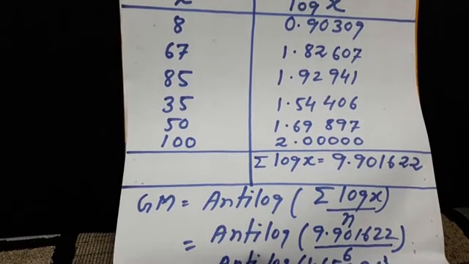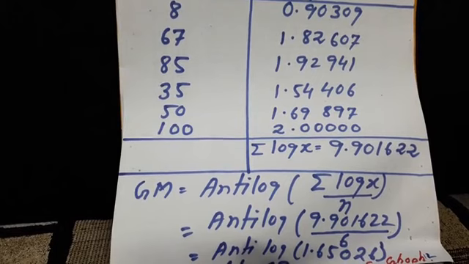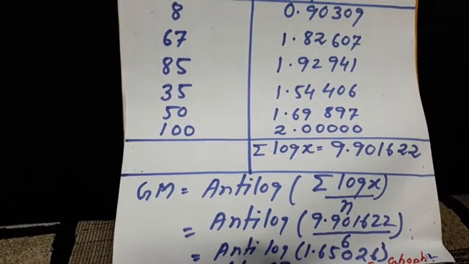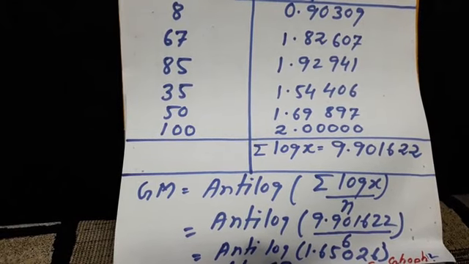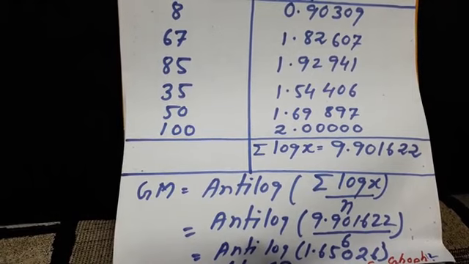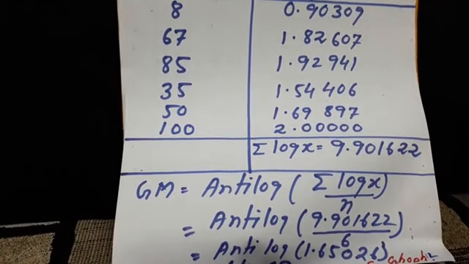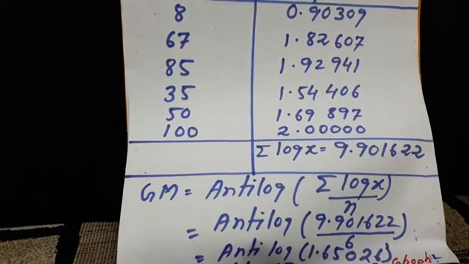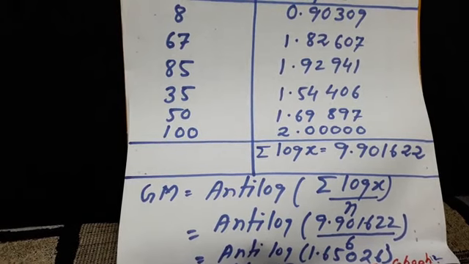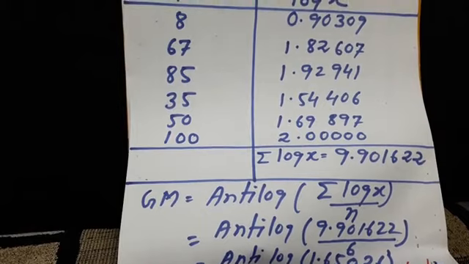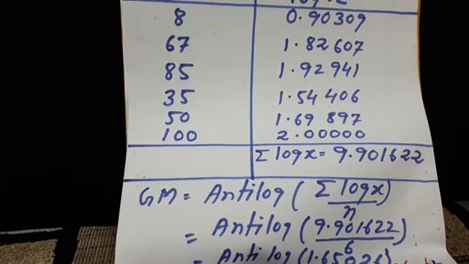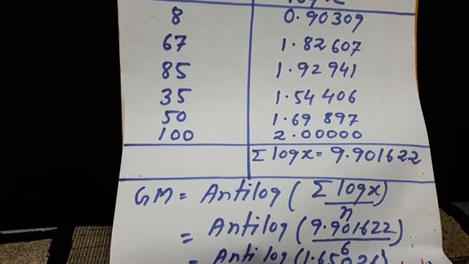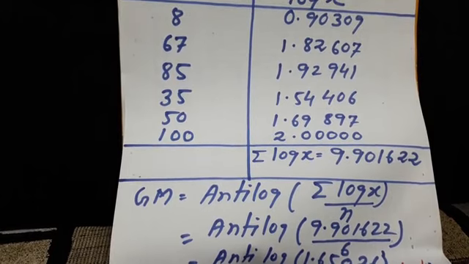Now applying this, we will get 9.901622 divided by 6 equals 1.65026. You put all the values in the calculator, you will get this. Now you find the antilog. That table is also there, and there is a procedure to check the number from the log table.